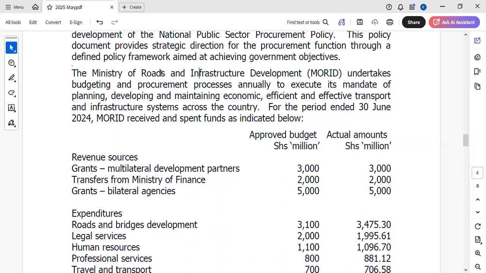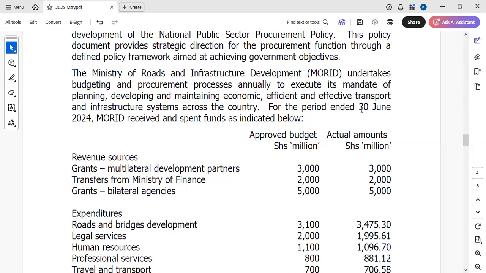The Ministry of Roads and Infrastructure Development undertakes budgeting and procurement processes annually to execute its mandate of planning, developing, and maintaining economic, efficient, and effective transport and infrastructure systems across the country.